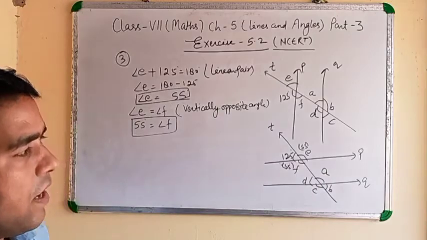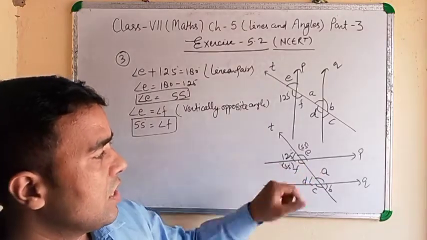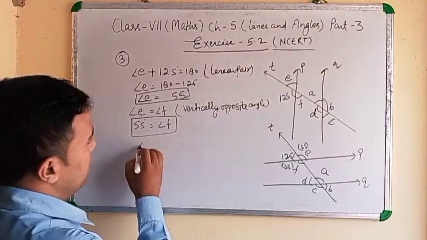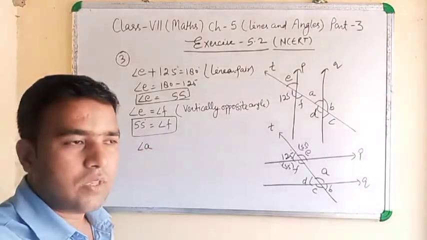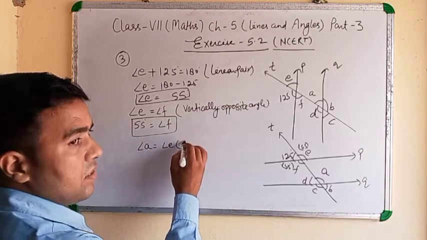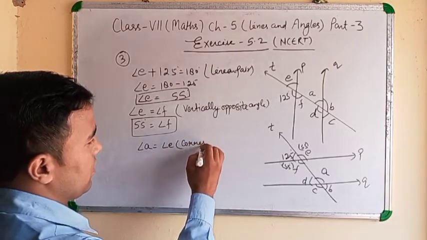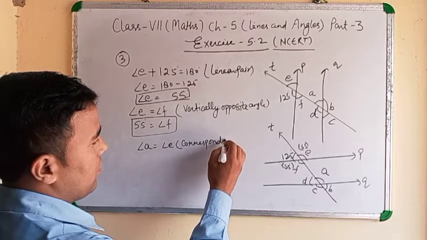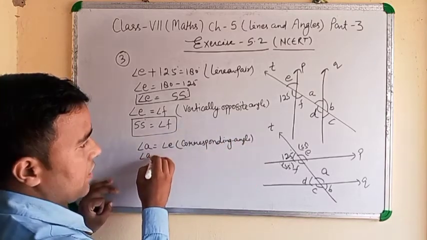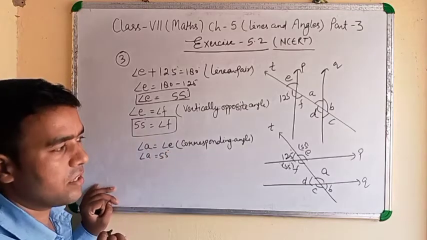See, angle A equal to angle E. Why? Corresponding angle. Corresponding angle means angle A equal to 55 degree.